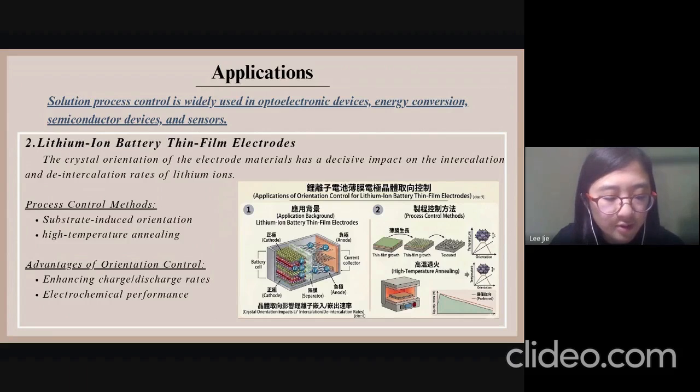Conversely, controlling the process to exhibit a 101 or 104 orientation aligns the lithium-ion diffusion channels toward the surface, significantly enhancing the charge discharge rate and electrochemical performance.